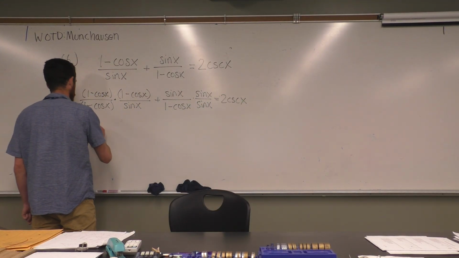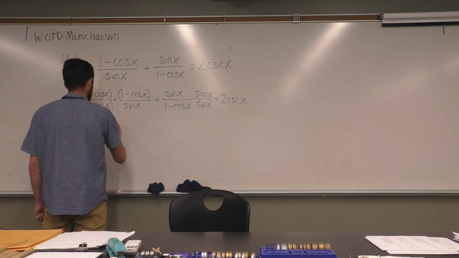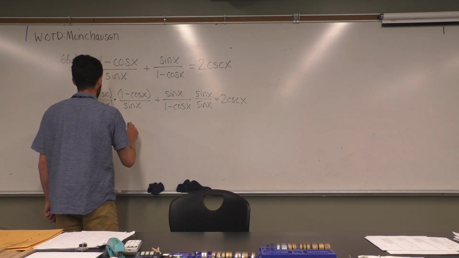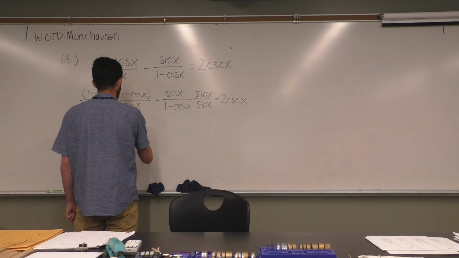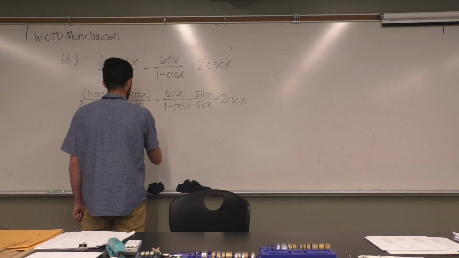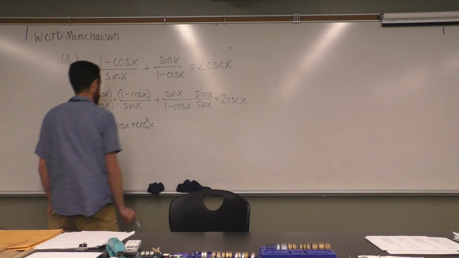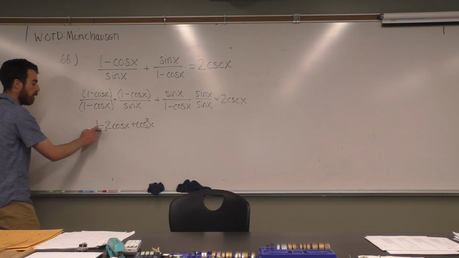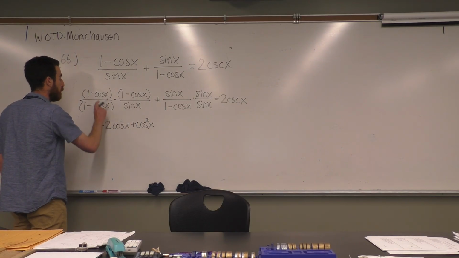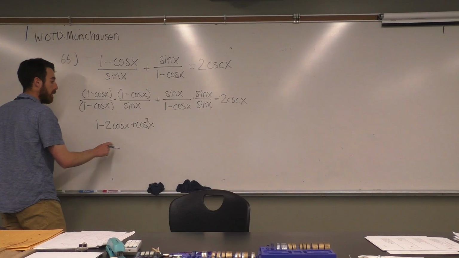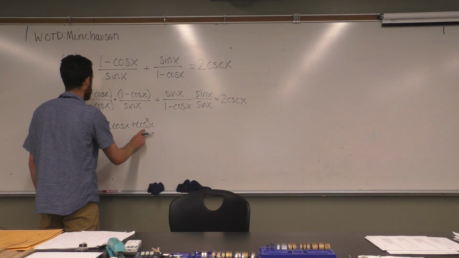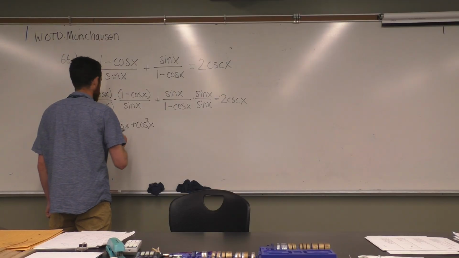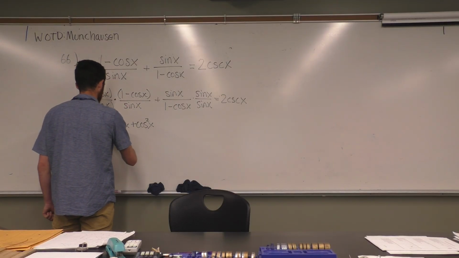And when I multiply the top, I get 1 minus 2 cosine of x plus, I see, I understand where we're going, plus cosine squared of x. Again, that is a squared plus 2ab, so ab, and multiplied by 2. And that is plus b squared, because b is negative cosine of x. When I multiply, I'm going to get a positive there.